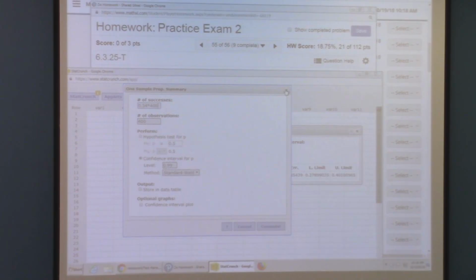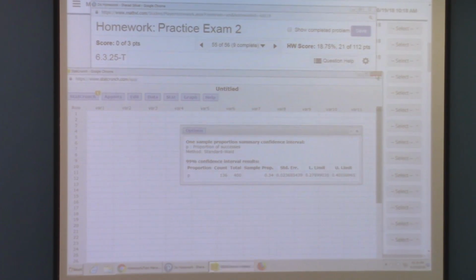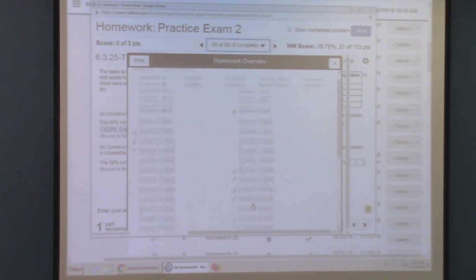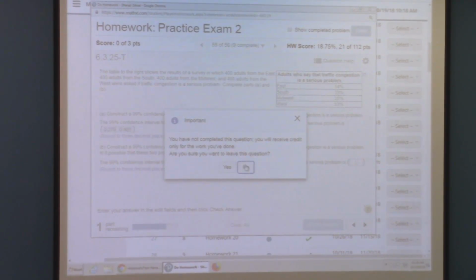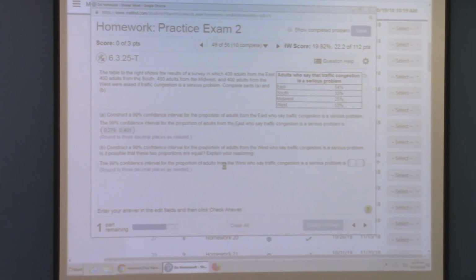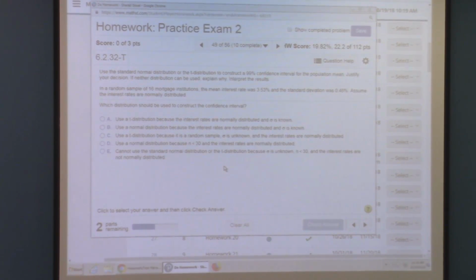So there is a criteria, right? When you use a T distribution, there is a very clear criteria.